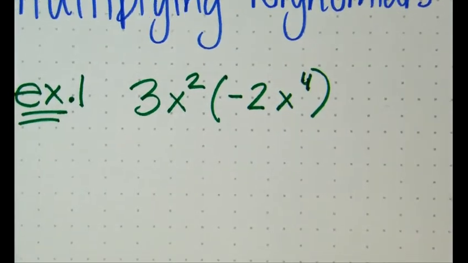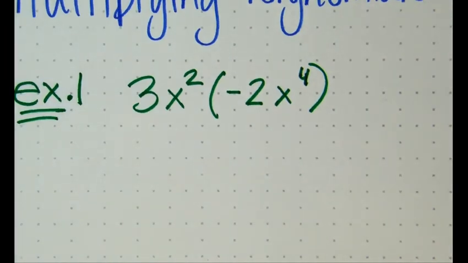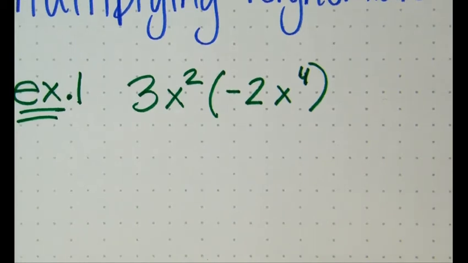One of the main skills for multiplying polynomials is going to be the multiplication property with powers, product of powers is another way to say it, but remembering how to multiply powers that have the same base.